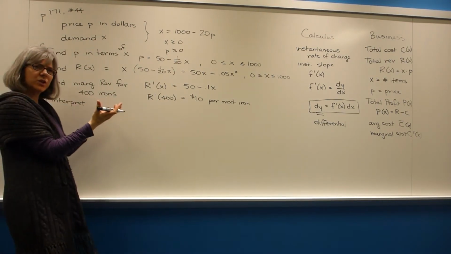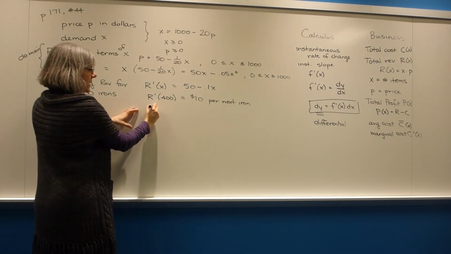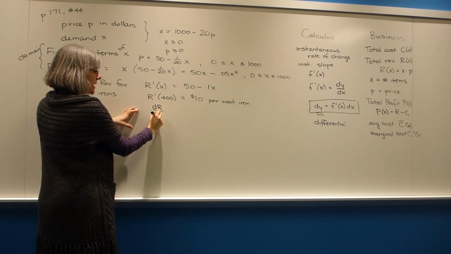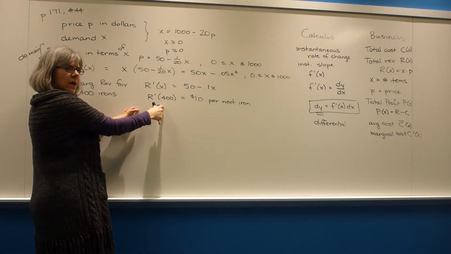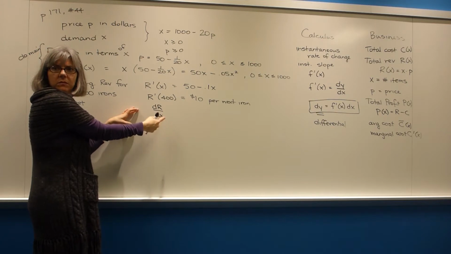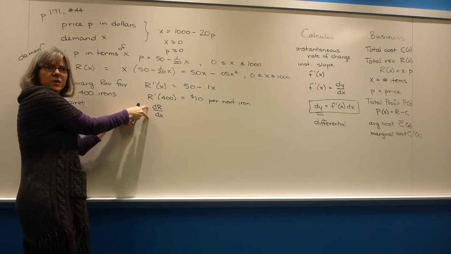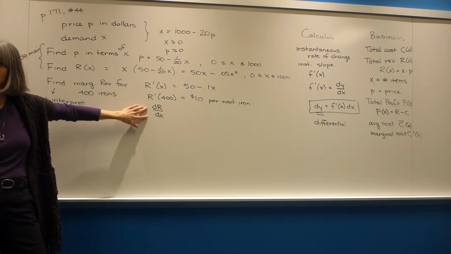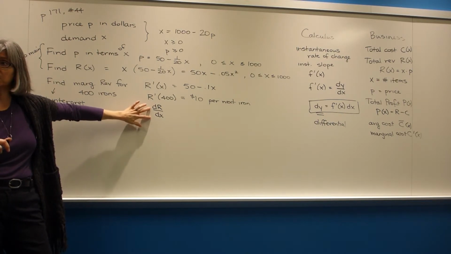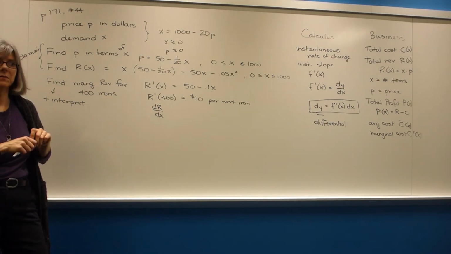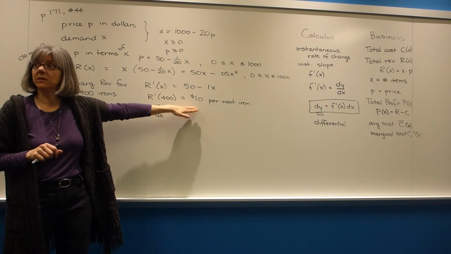And if you're not sure of units, you can always do this. R prime is dR/dx. Revenue dollars per item. So when you write the derivative this way, and when we get to related rates, that's going to help us too. When you write the derivative this way, it tells you the units. You can see them.